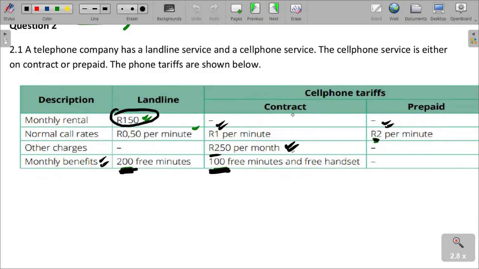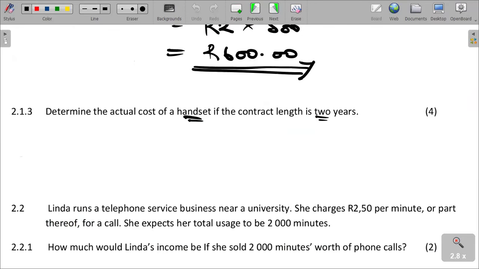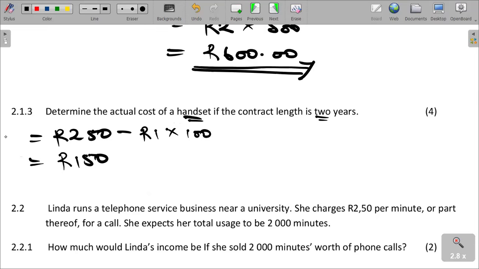To determine the actual cost of the handset, that is equal to our 250 minus the cost, which is 1 rand multiplied by 100 minutes, which is going to give us 150. That is the cost we are saying.